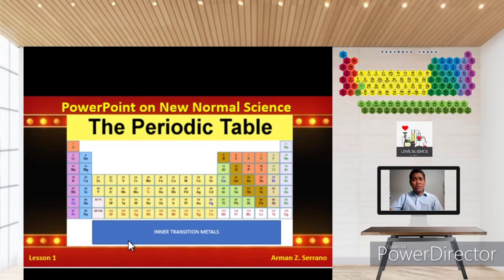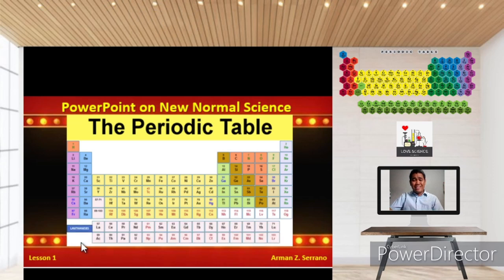It is divided into two main groups. We have lanthanides, or the rare earth elements. Then we have actinides, or the radioactive elements. So let's recap.